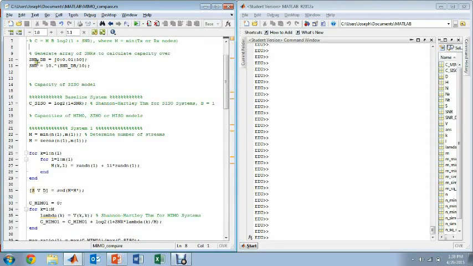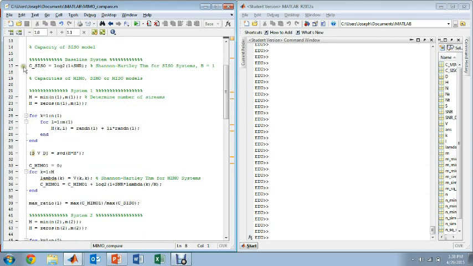First we generate our signal to noise ratio, convert it from decibels, and then we can calculate our capacity for the SISO just from implementing the Shannon-Hartley theorem.